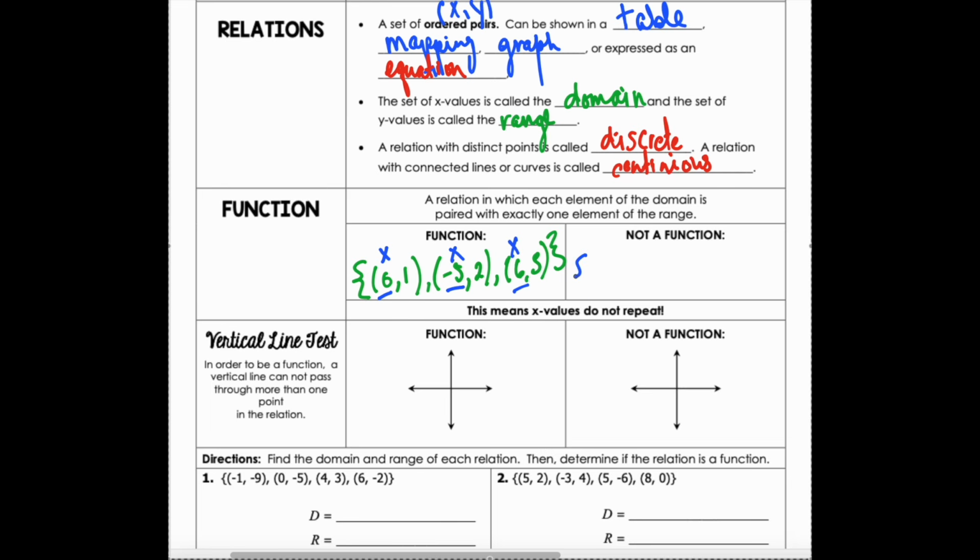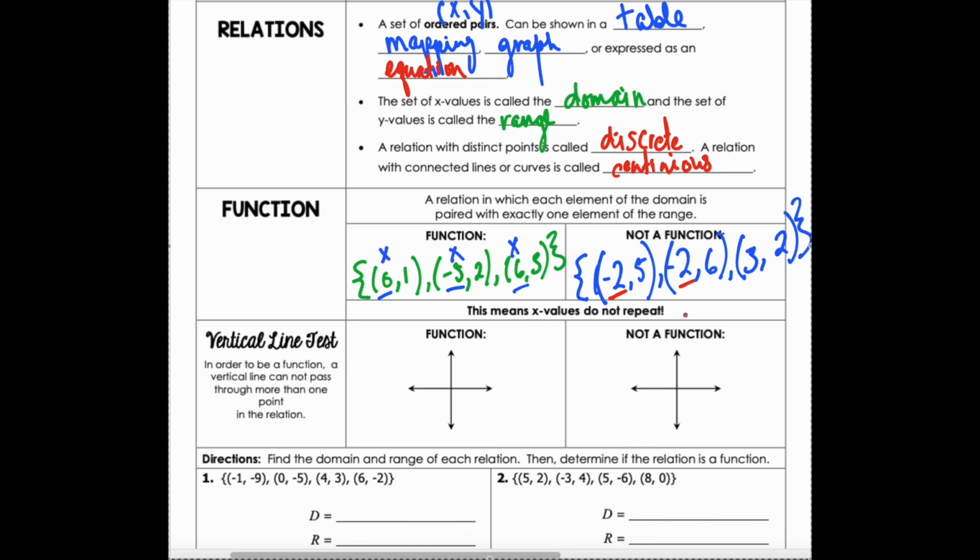Let's say we have something like (-2, 5), and then we have (-2, 6), and then maybe (3, 2). Okay, there's nothing wrong with this last point, but the problem is these first two points: we have the same input of -2, but somehow the output was different.